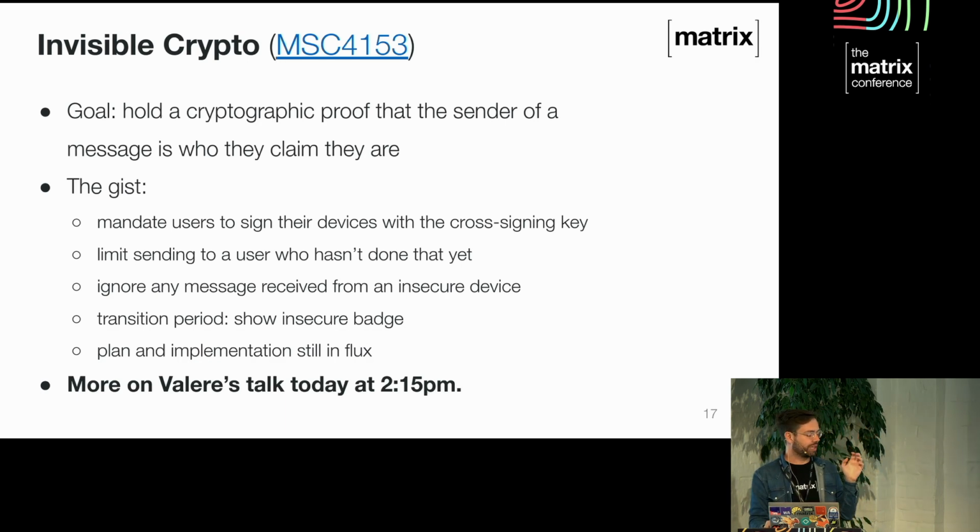If you're trying to send a message to a user who hasn't done that, it won't work. And if that person who hasn't done that tries to send a message, you will not see it. For a transition period, we will show some insecure shield badge or something like that. But in the future, the idea is we would entirely ignore such a message coming from an insecure device. Again, if you're interested in that, there is a talk by Valère today at 2:15 on this subject.